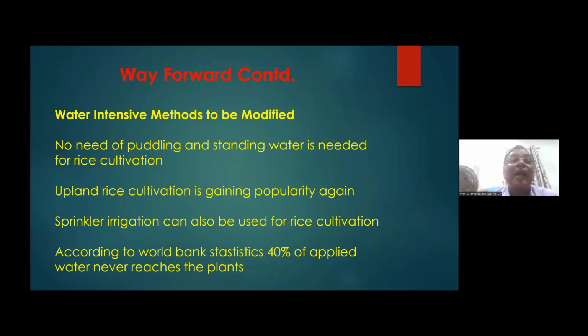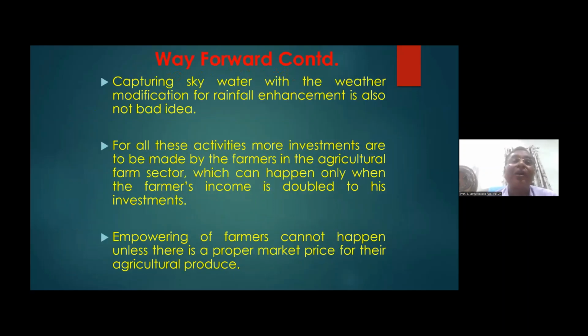Then capturing sky water with weather modification is also one option. It's not a bad idea, and it can help mitigate some of these problems. For all these activities, more investments are to be made. This is the social aspect of the economics.